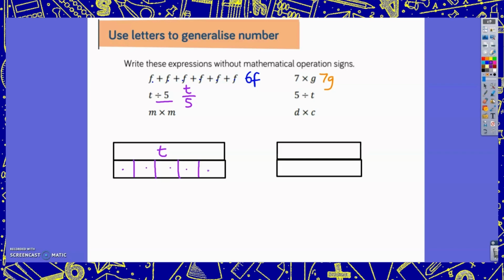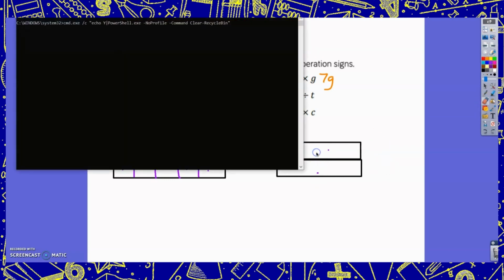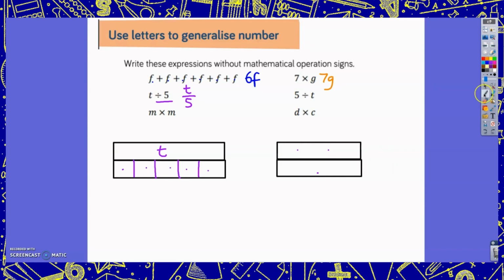In the same way, if I had half, I've taken my 1 whole and I've divided it into 2 equal parts, 1 divided by 2. Same way, I've taken my t, divided it into 5 equal parts, t divided by 5. So if I bear that in mind, I've now got 5 divided by t.